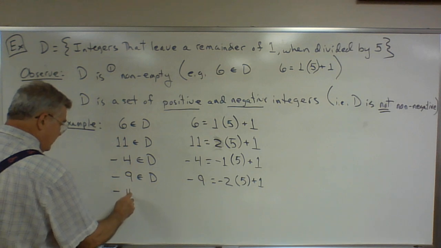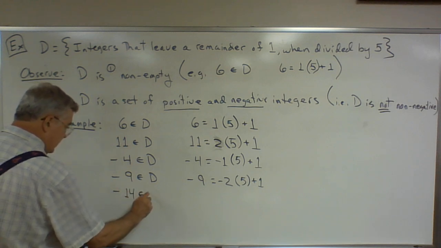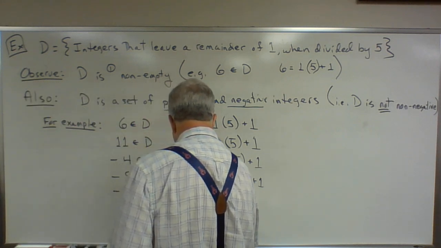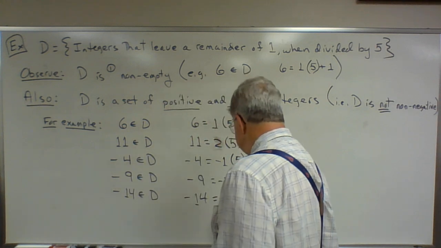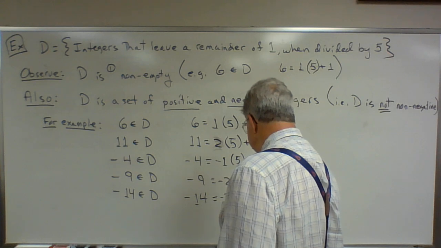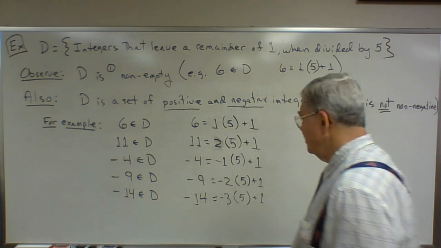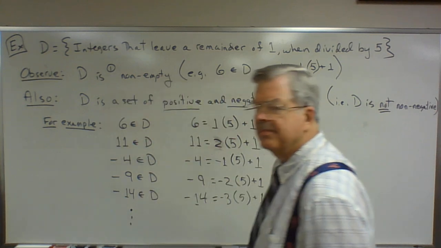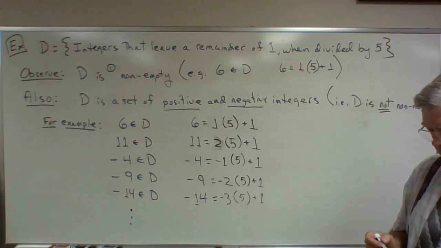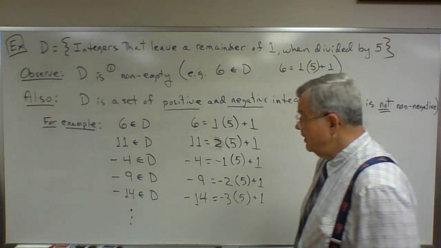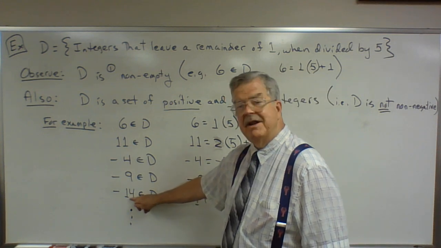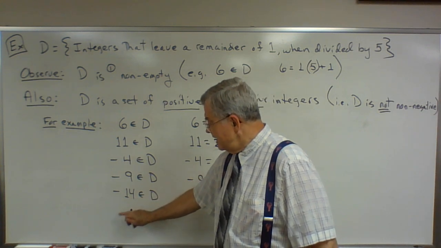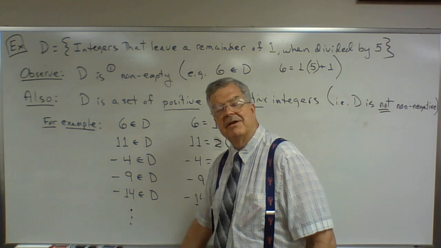And maybe one more, negative 14 is an element of D. Negative 14 is equal to negative 3 times 5 plus a remainder of 1, etc. Now we can keep on going. Just keep adding negative 5 to the most recent entry. Negative 19, negative 24, negative 29, negative 34.